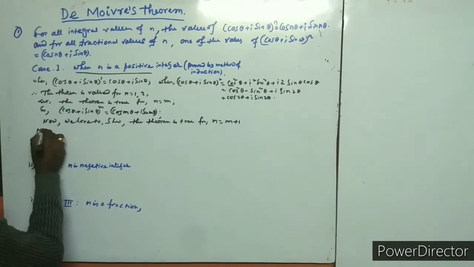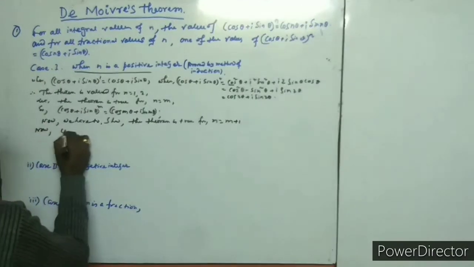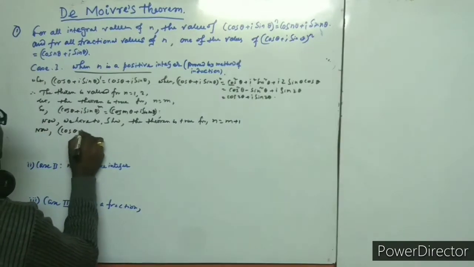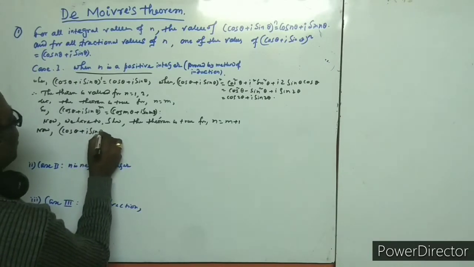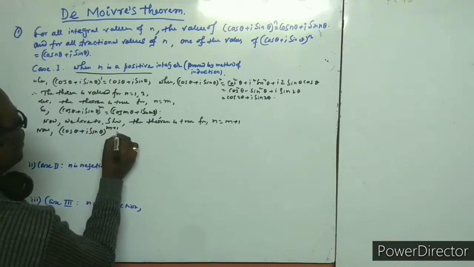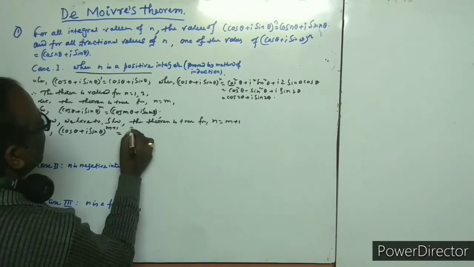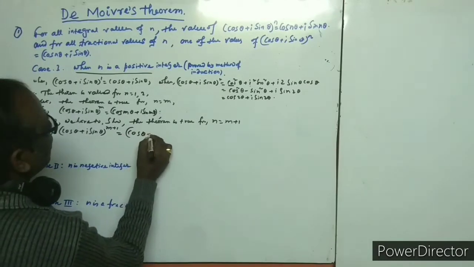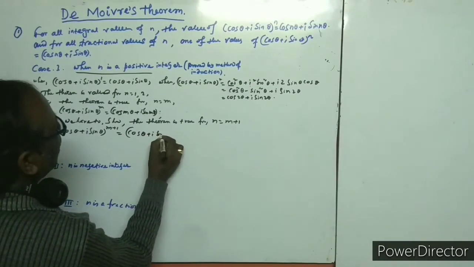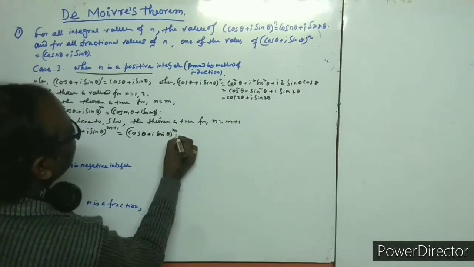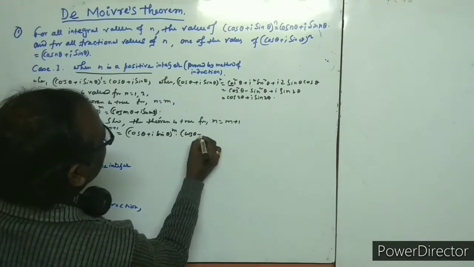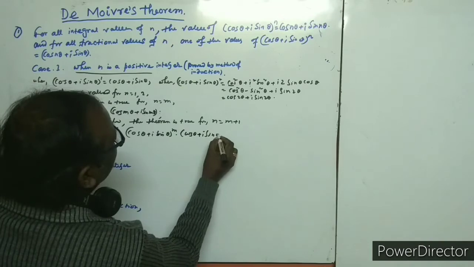So now (cos theta plus i sin theta) to the power m plus 1 can be written as (cos theta plus i sin theta) to the power m into (cos theta plus i sin theta).